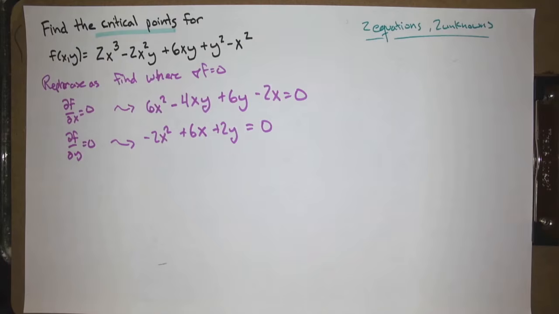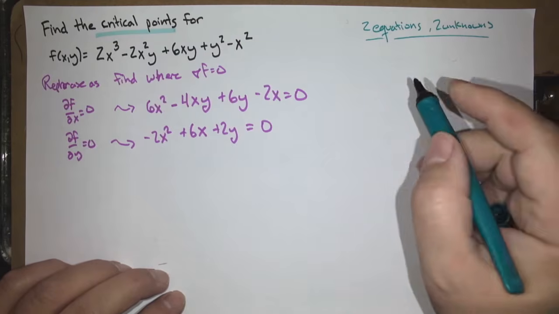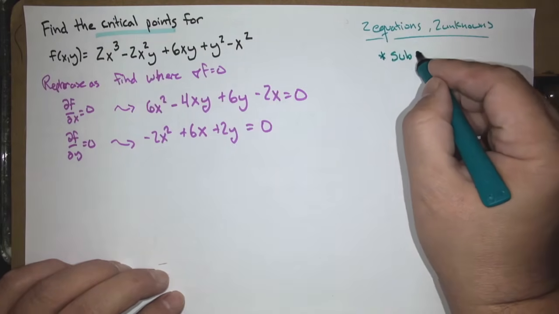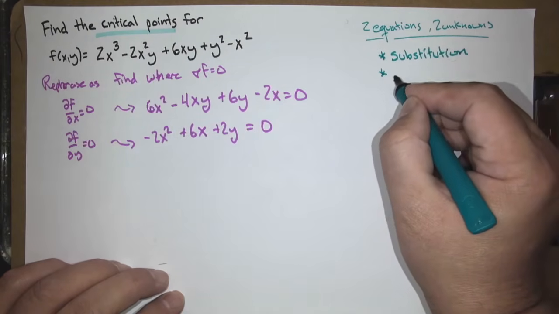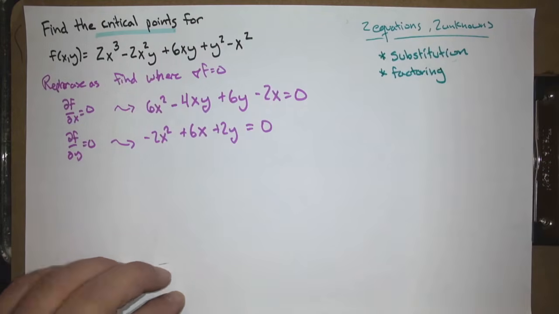It's one of my favorite ways of doing 2 equations, 2 unknowns, but that's when we have nice equations which have linear terms. You see things like squareds and xy's. So the 2 main things to look for are substitution and factoring. So be ready to pull those out.